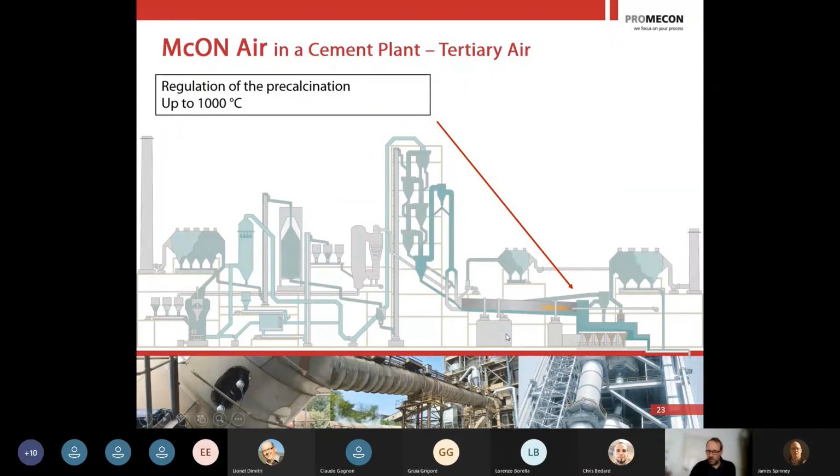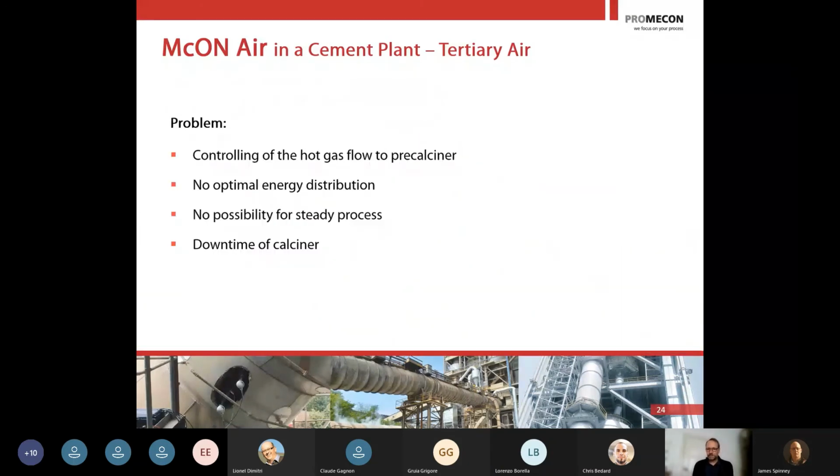The next application we already installed, or have experience with, is tertiary air in the cement plant. Here we have slightly different conditions. We have a lot higher temperature, and we have to deal with clinker dust, which also might get conducting with a higher temperature.